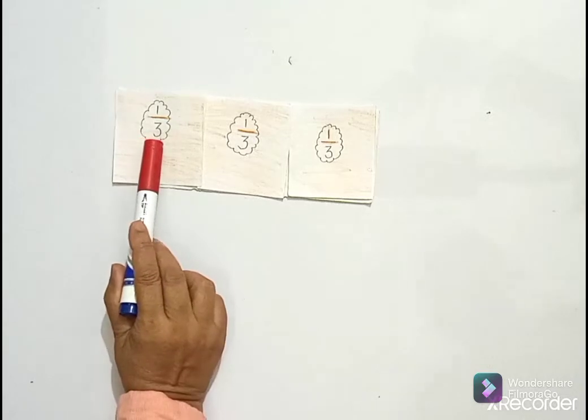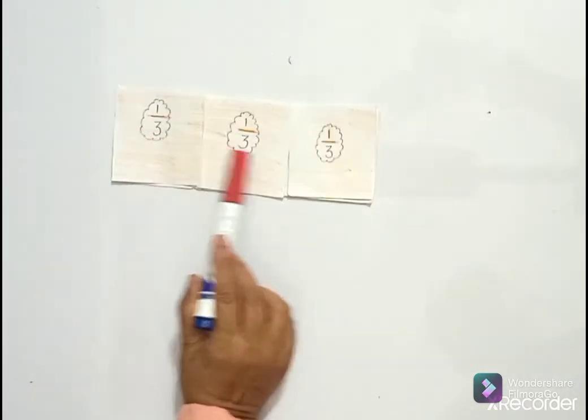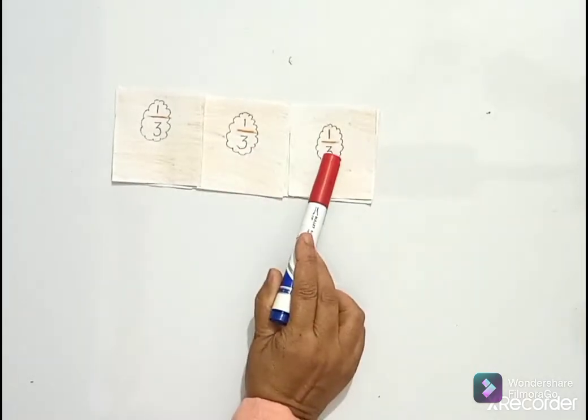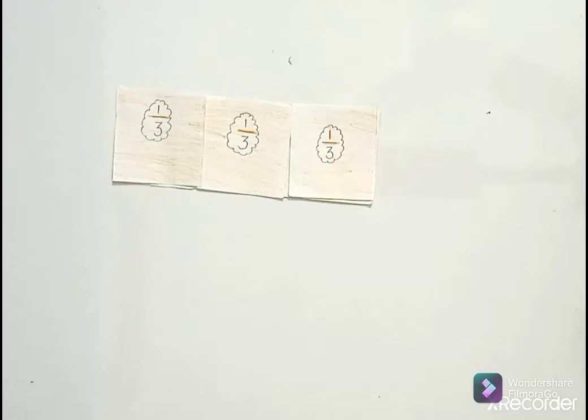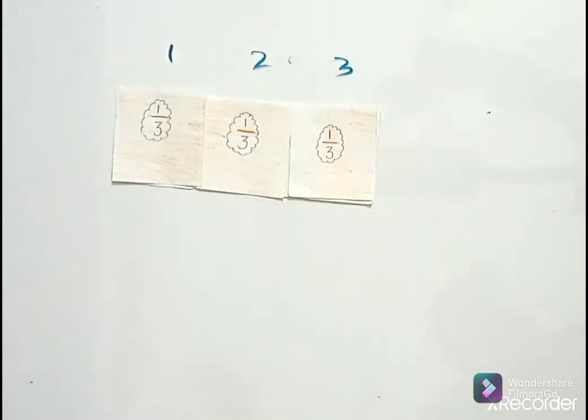So each part is called 1 over 3 or 1/3. So how many 1/3 make a whole? 1, 2, 3. It means 3 1/3s make a whole.